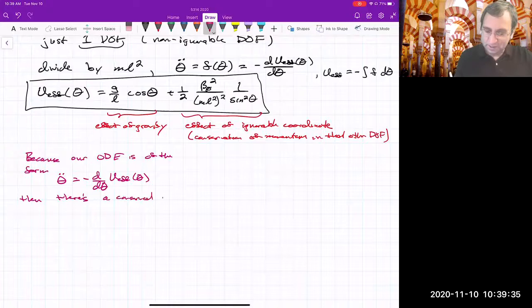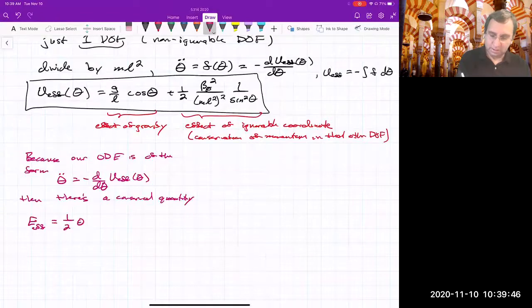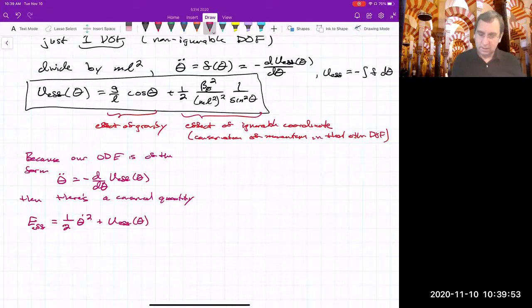There's a conserved quantity just from the mathematics. It probably has a physical meaning. It's related to energy. But we have this effective energy, which might not have units of energy. This thing is a constant throughout the motion.